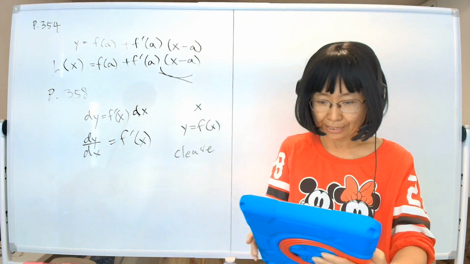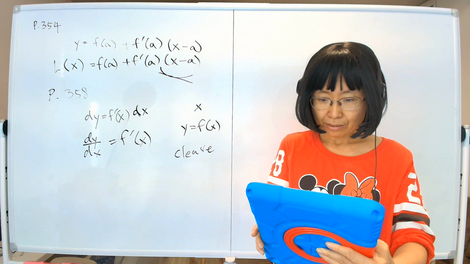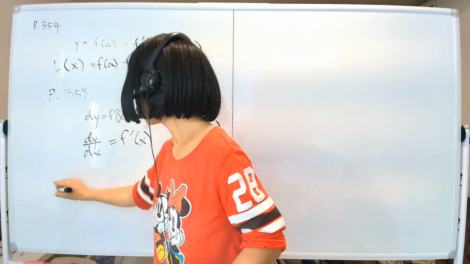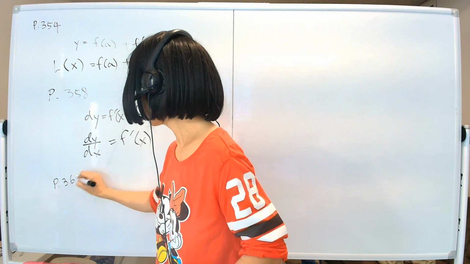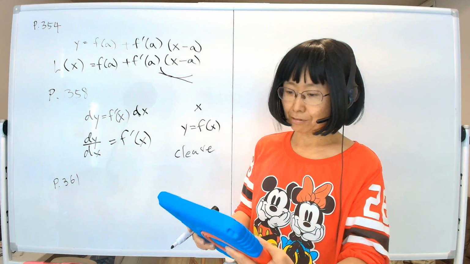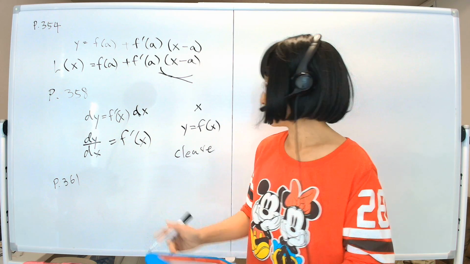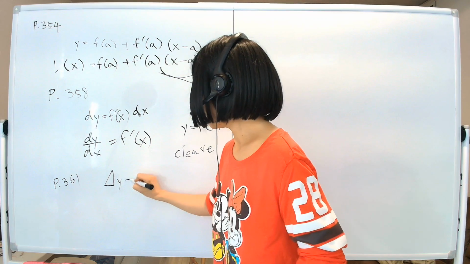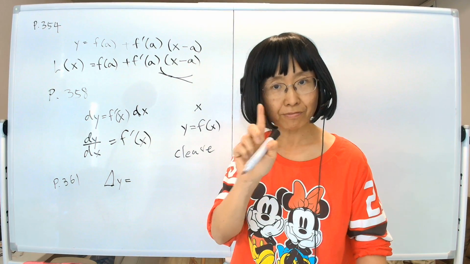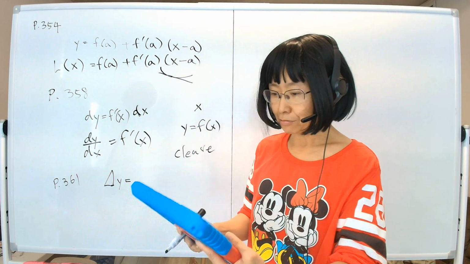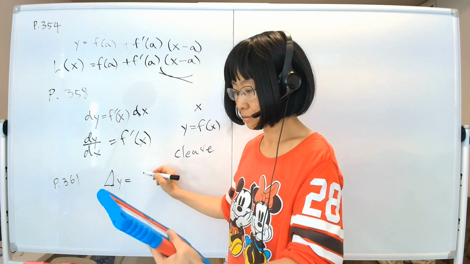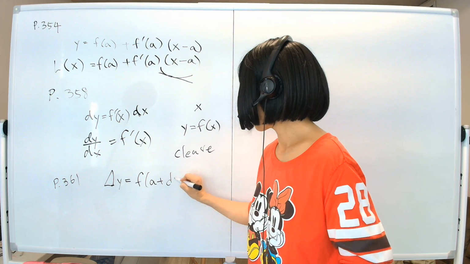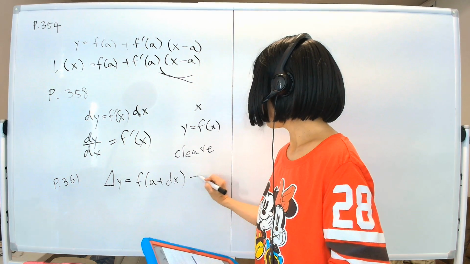Again, this is approximating, but there is one thing I should mention on page 361. That is a quick mention of delta y. Delta y is defined, again one variable, as f of a plus dx minus f of a.